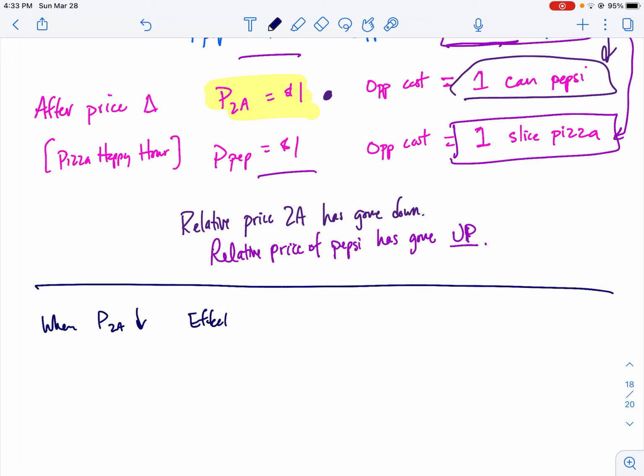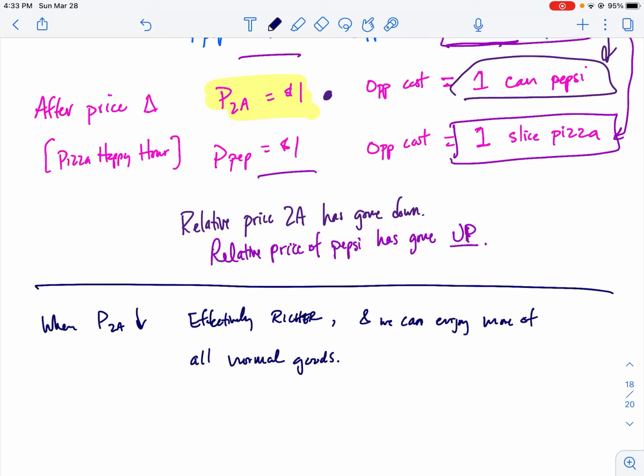The money in our pocket, our budget for eating out goes farther, and we can enjoy more of all normal goods.